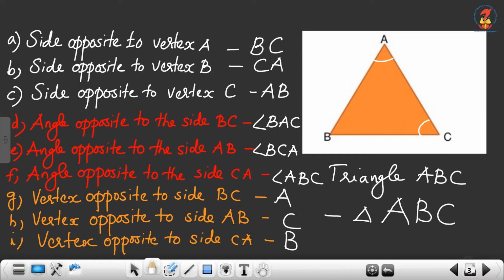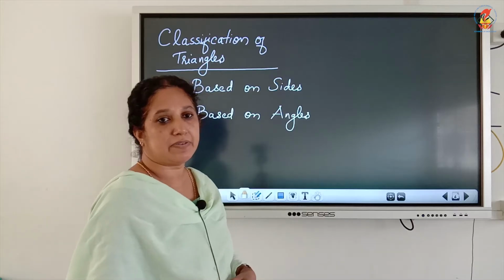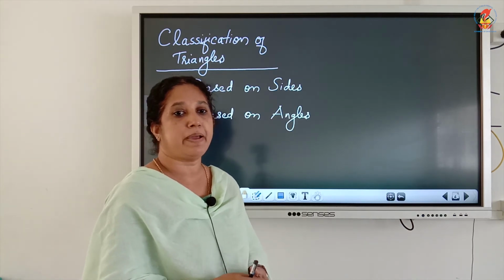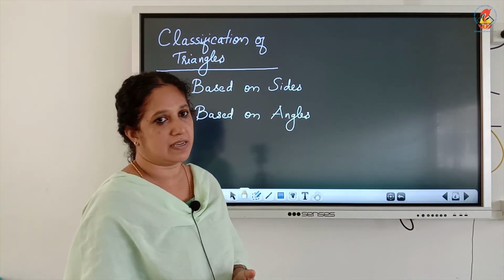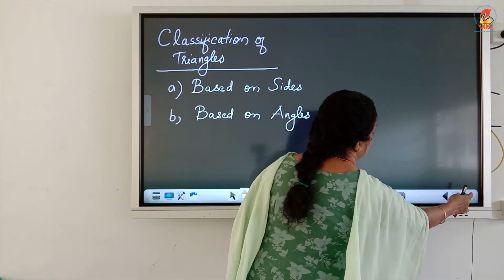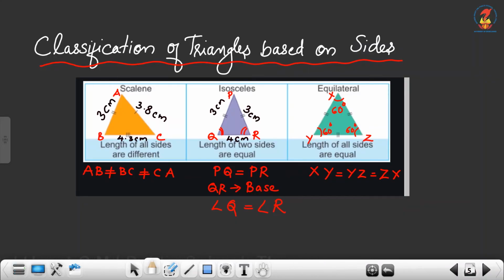Now again we can consider the classification of triangles. We can classify the triangles based on its sides and based on its angles. We have two different types of classifications. Now first we consider the classification of triangles based on sides. Now consider this triangle ABC.